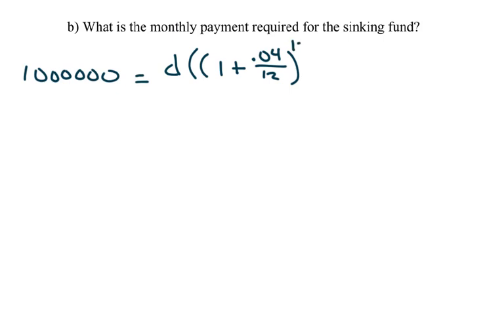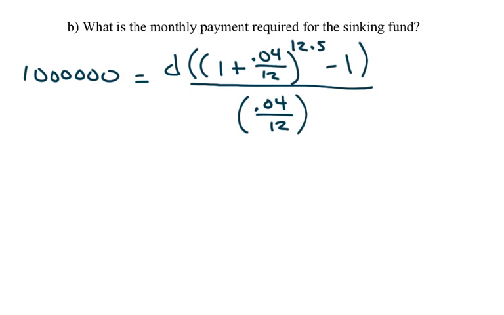We have monthly for 5 years. And then we're going to divide by the 0.04 over 12 again. And so again, because the D is on the right-hand side, we're going to have to go to Desmos to find out what D equals.